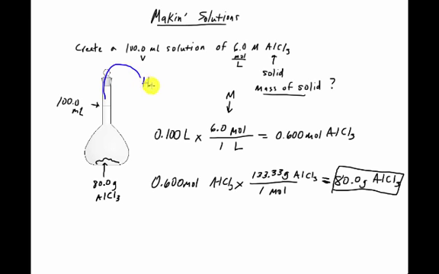So H2O then goes in, and I dilute it up to this point. So now I've got water in here, it's all wet, and I end up with a solution. So there you go, the solution is now made, and that would be my aluminum chloride solution. So that's making a solution from a solid.